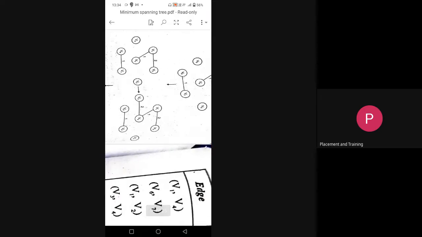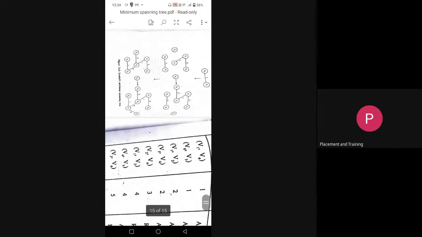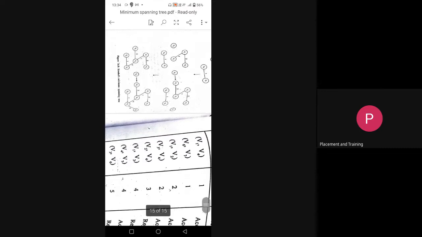I'm going to connect V1 to V2. Similarly, I make sure I complete the graph. The thing here is I have to connect all the vertices, though each vertex needn't be connected more than once. That will be fine. In this case, this is going to be my last diagram.